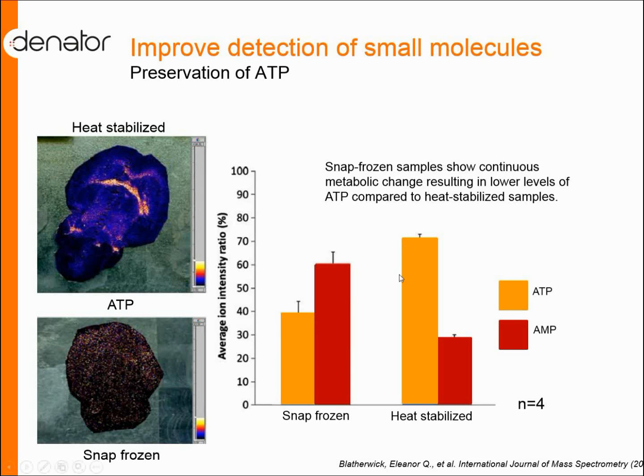In the heat-stabilized sample, we have a much higher level of ATP compared to the AMP, and this is again what we would expect. If we don't have enzymatic activity, which is consuming the ATP, then ATP would be preserved to a much higher degree.